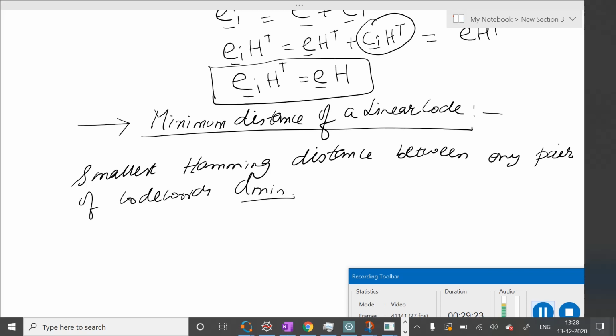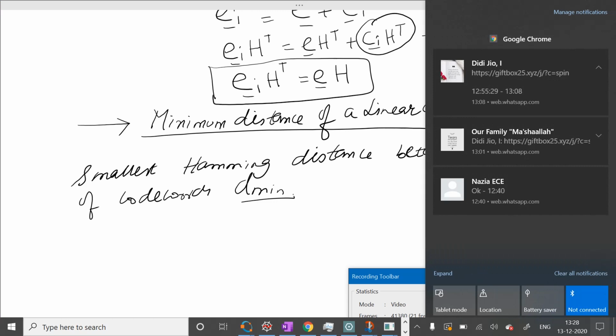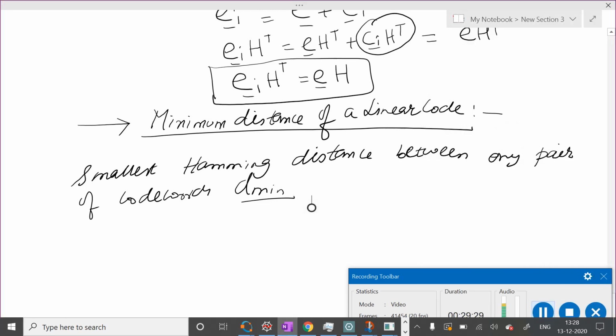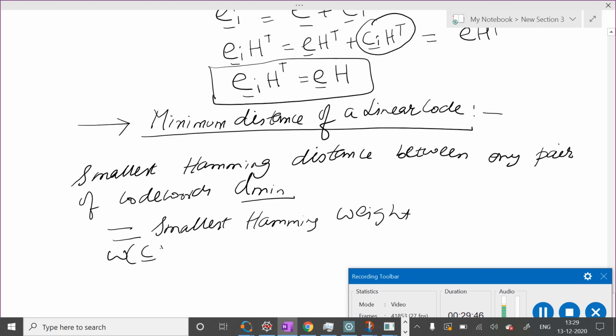Okay, we will see it has very important impact on error correction capability, and it is the same as the smallest Hamming weight, because Hamming weight of a code is nothing but the Hamming distance of a code with the 0 code.